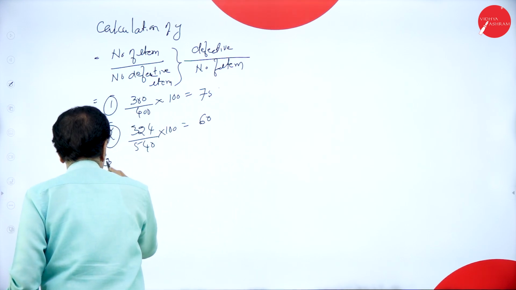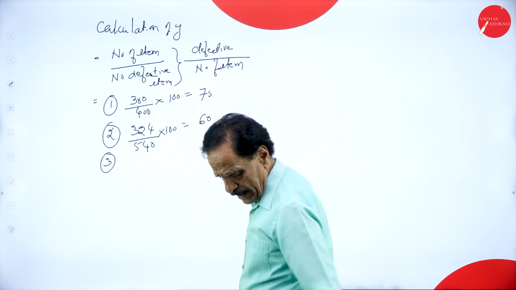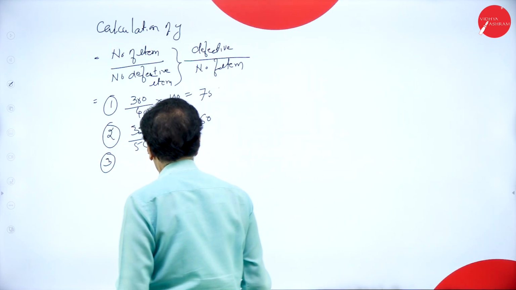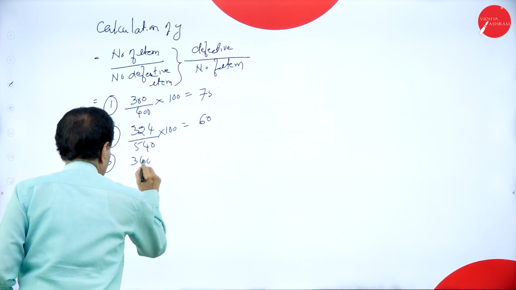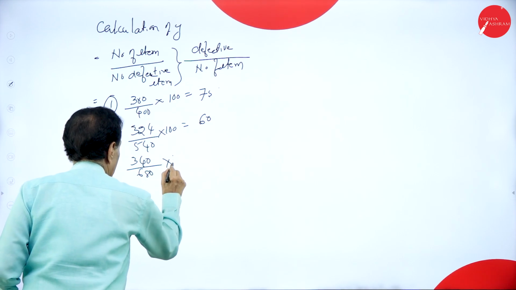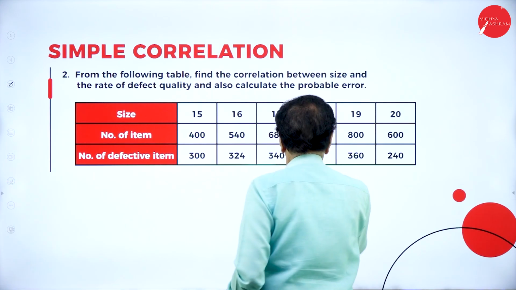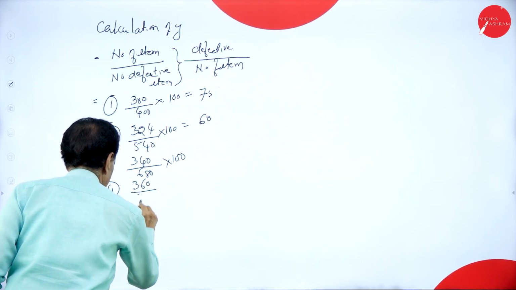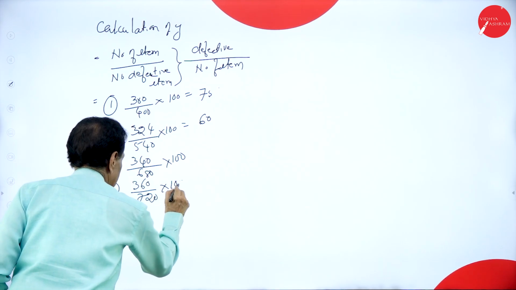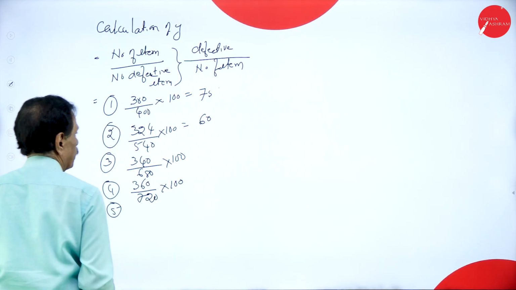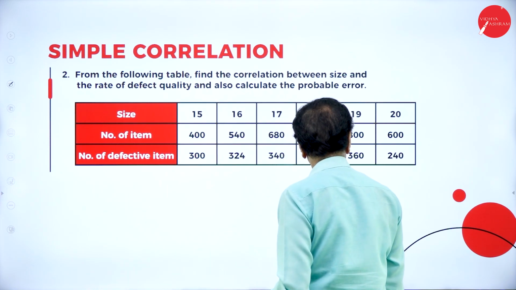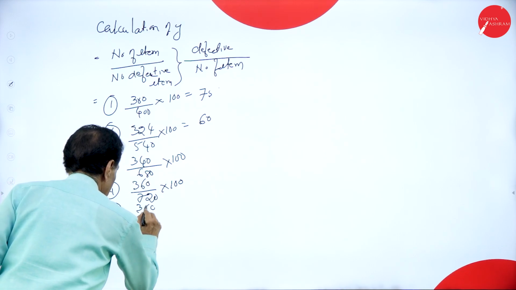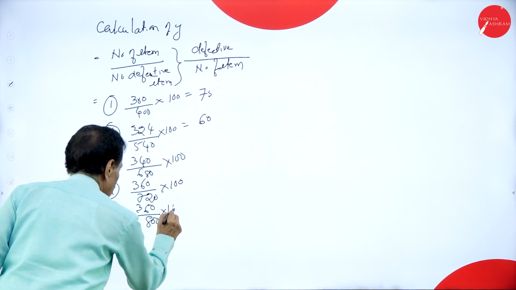Number 3, 340 divided by 680 into 100. Number 4, 360 divided by 720 into 100. Number 5, 360 divided by 800 into 100.